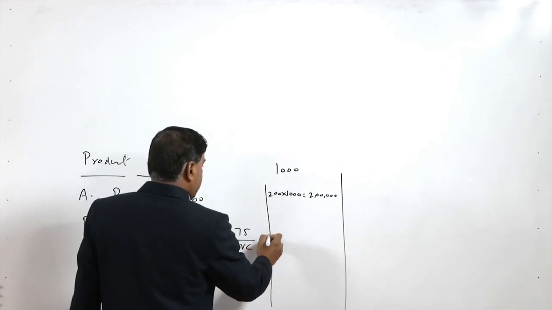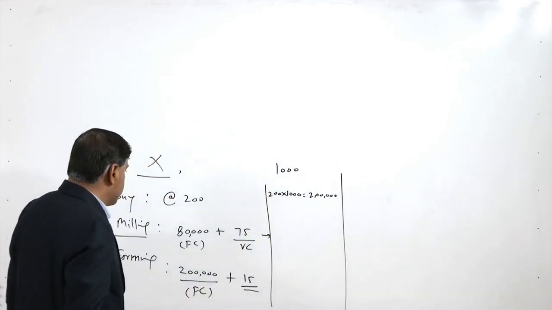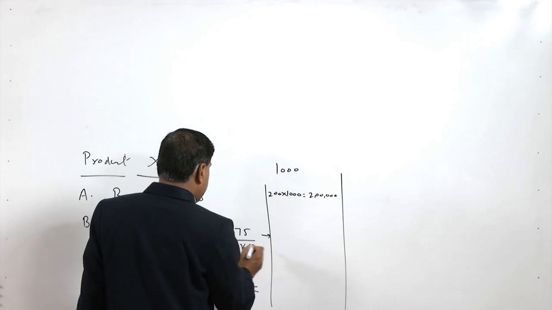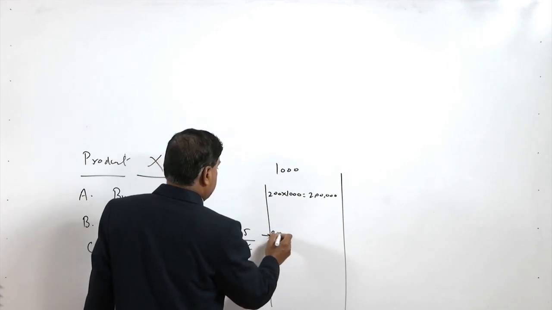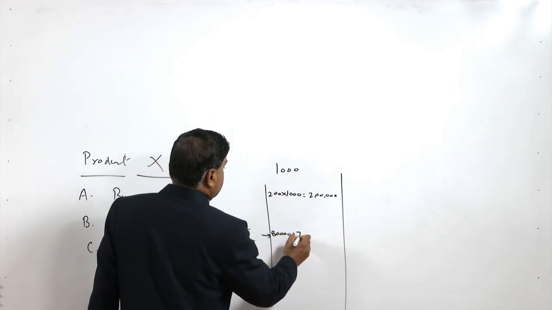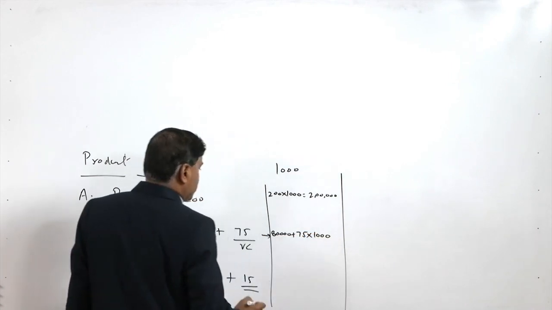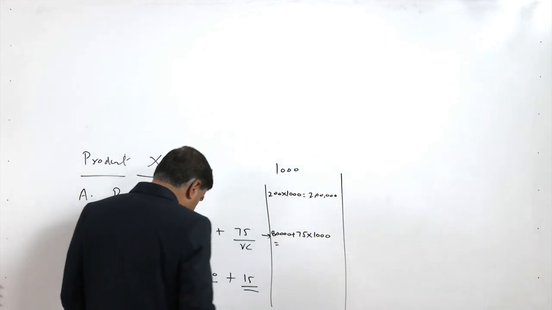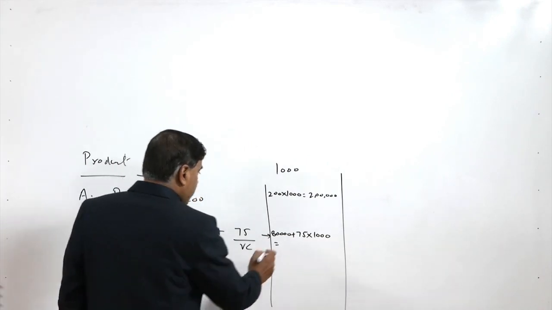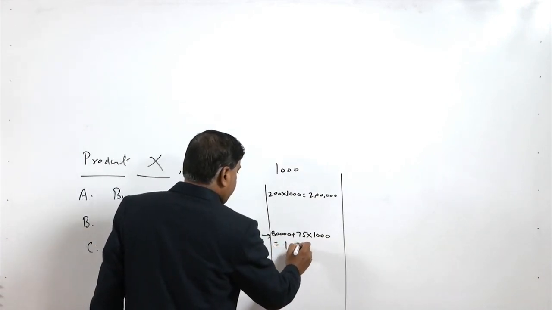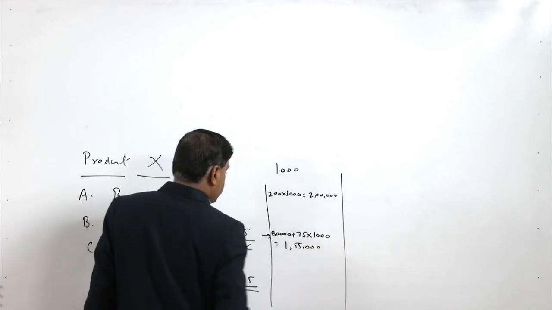For milling, if 1000 units are to be produced, then 80,000 plus 75 multiplied by 1000, leading to a total cost of 1,55,000.